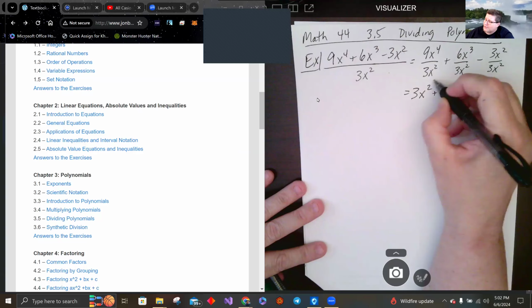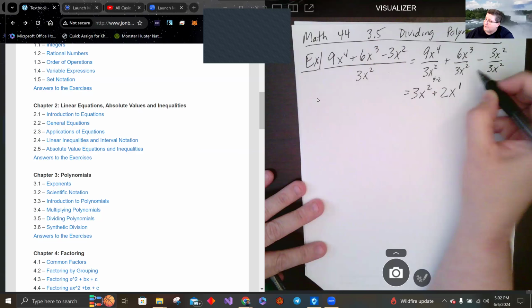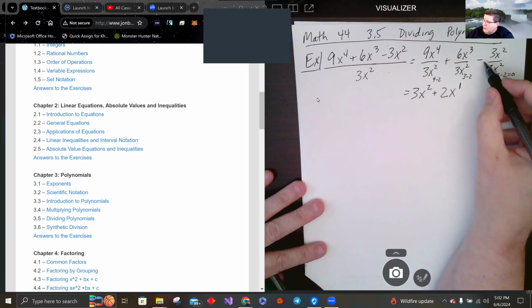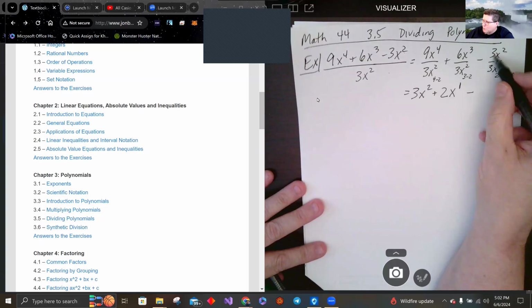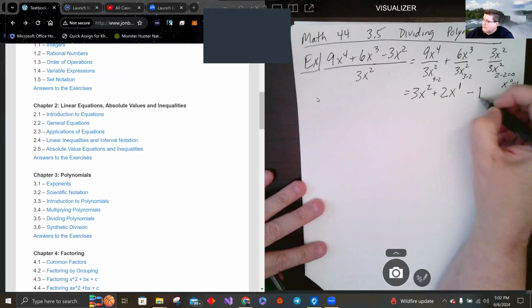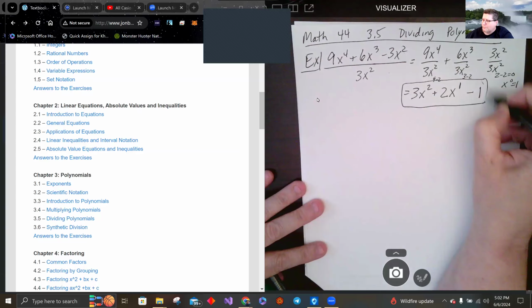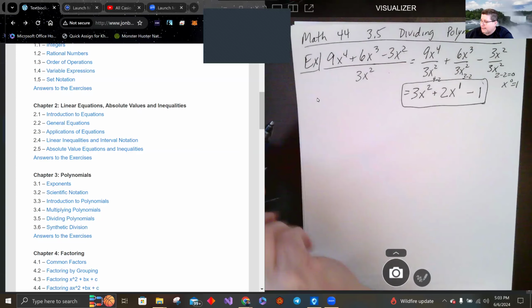Here we've got 2 minus 2 is 0. Anything to the 0 power is 1. So I just end up with 3 divided by 3 is 1. And I probably wouldn't put that 1 on this exponent right here.